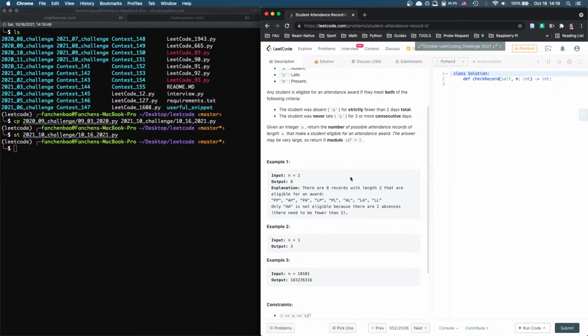Yeah, that's going to go into allow. And then when it's A, but that doesn't, hold on.